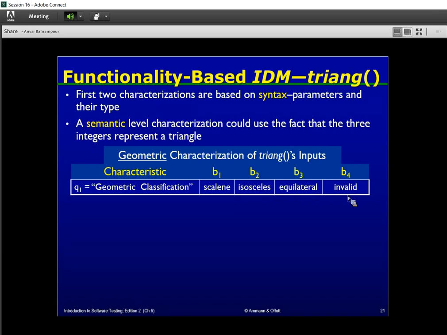So we should design 4 test cases according to this characteristic. This characteristic is named geometric classification. According to these characteristics, which we considered according to the knowledge of the functionality of the method.